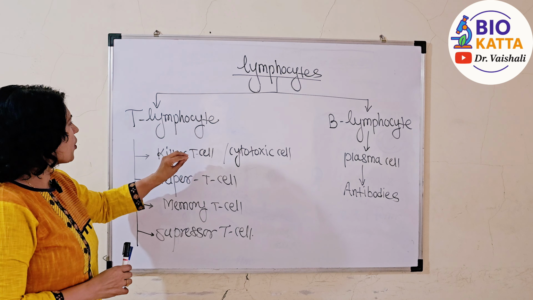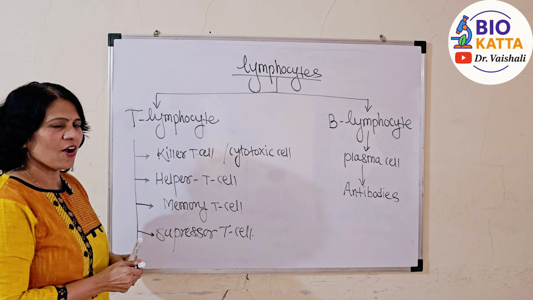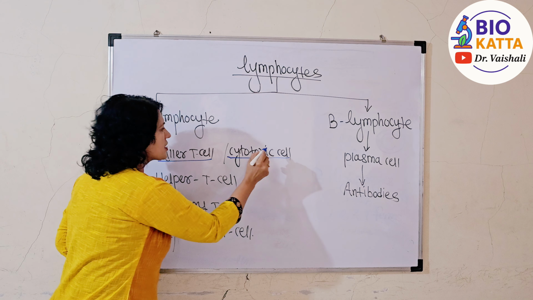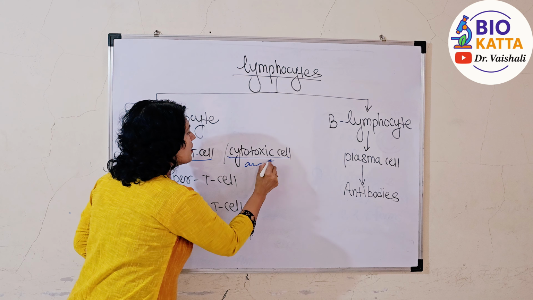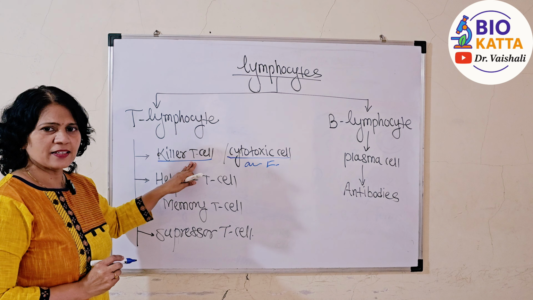One of the most important types of T lymphocyte is the killer T cell, which is also called the cytotoxic cell according to its function. So what is the function of this killer T cell?